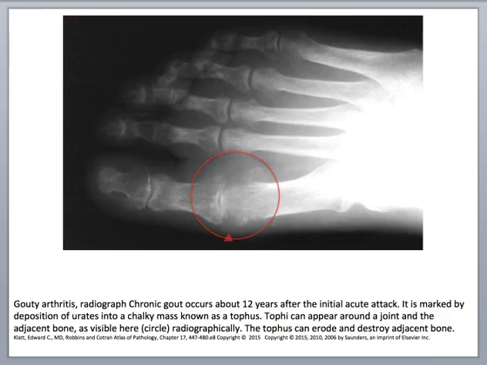In chronic tophaceous gout, there is deposition of urates into a chalky mass known as a tophus. Tophi can appear around a joint and the adjacent bone, as shown here, and are seen radiographically as a hazy cloud. The tophi can eventually erode and destroy the adjacent bone.